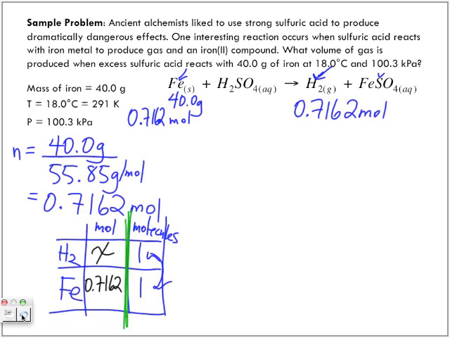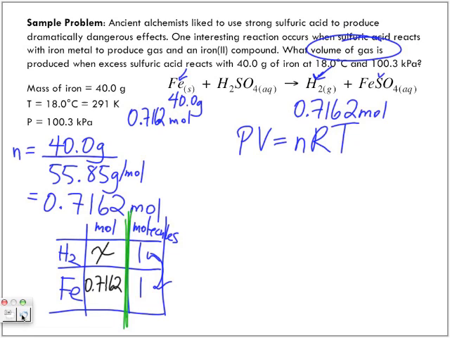So what volume of the gas is produced when excess sulfuric acid reacts with the 40 grams of iron, but it's at 18.0 degrees Celsius? So what we're going to do is use our ideal gas law. What volume of the gas is produced?